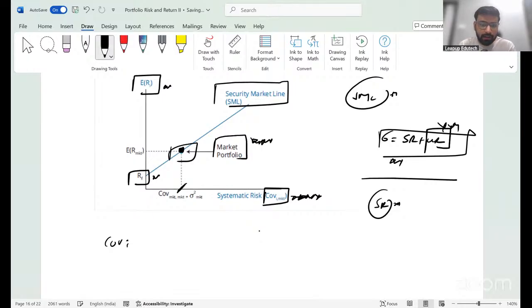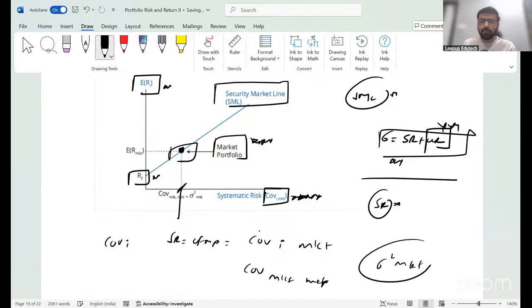And at this point, we are talking about the systematic risk of a market portfolio. And how is systematic risk presented here? It is the covariance of the security with the market. This time the security is the market portfolio. So it is the covariance of the market portfolio with the market. Covariance of something with itself is ultimately variance only.